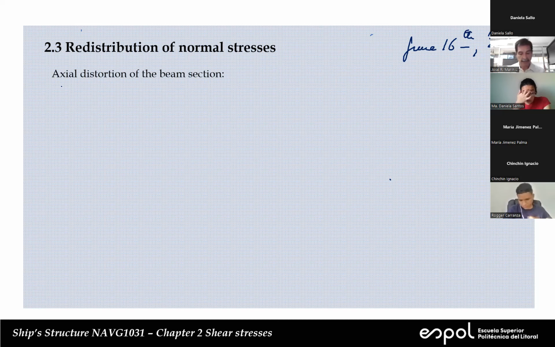According to pure bending, what this section does is move vertically and rotate, okay? If you have another section here, the two sections move vertically and they rotate. It is possible they don't rotate the same amount, but they keep straight. That's what we call the kinematic hypothesis.